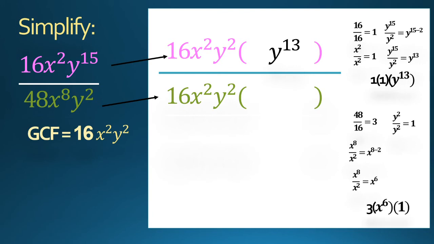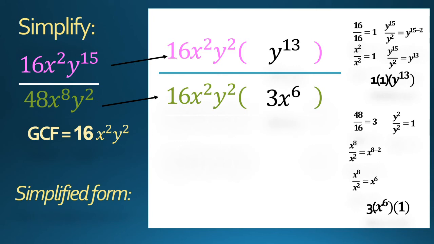So multiplying them, the other factor is 3x raised to the 6th power. For the simplified form, we will divide the GCF by itself, and that will be equal to 1. So the expression will become 1 times the fraction y raised to the 13th power over 3x to the 6th.